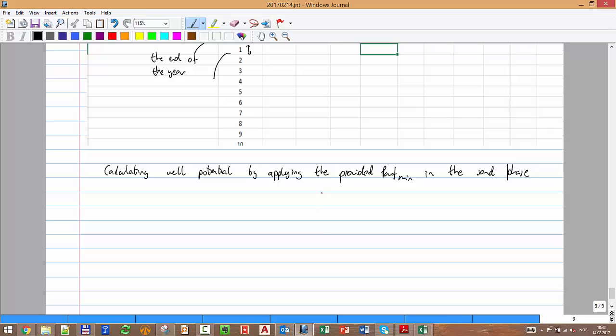If we see, for example, the completion of a well, here I have a reservoir, and here I have my tubing and my production packer. So it's the pressure that I'm applying just in front of the sand. I call it the sand face, just in front of the reservoir.